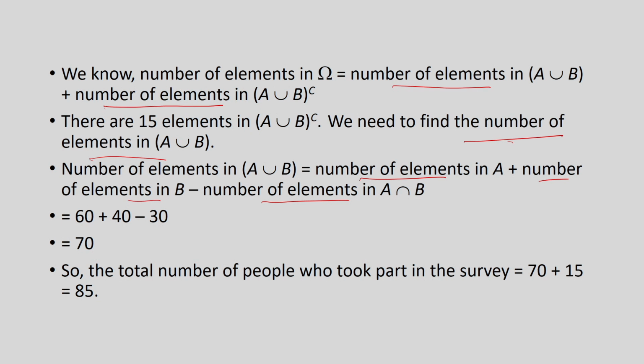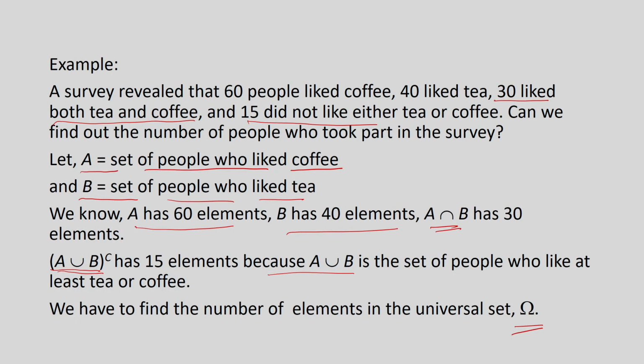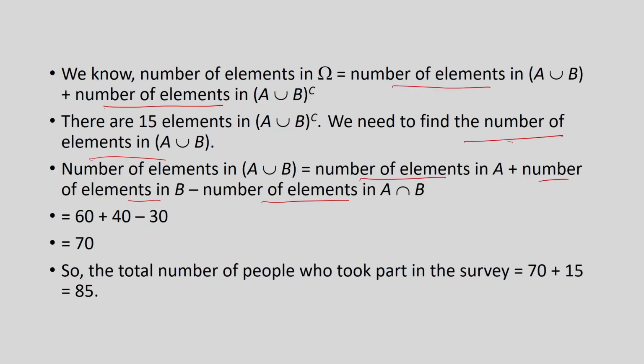The number of elements in A is 60, it is written here. The number of elements in B is 40, and A intersection B has 30 elements. So, it will be 60 plus 40 minus 30, right. So, that is 70. So, this is the size of the A union B set, right.